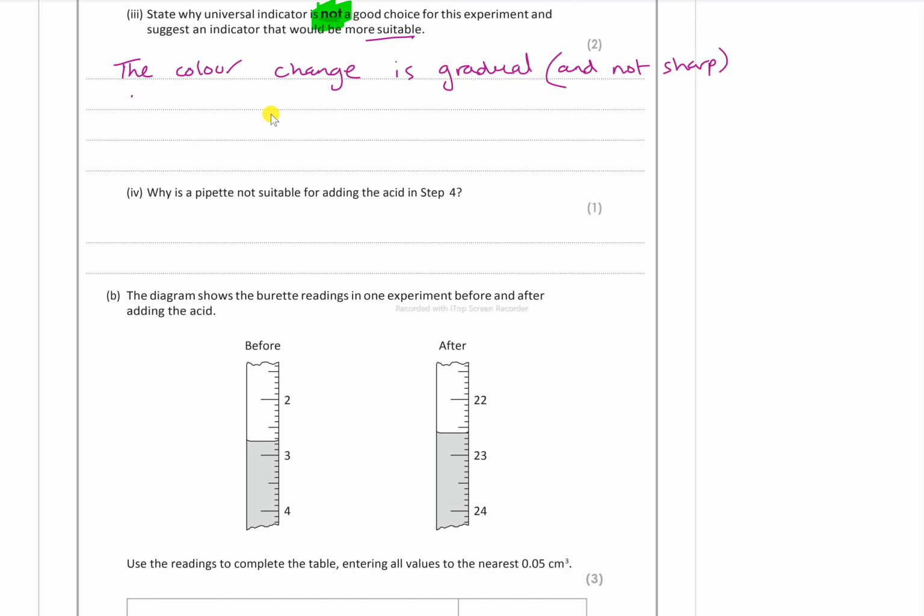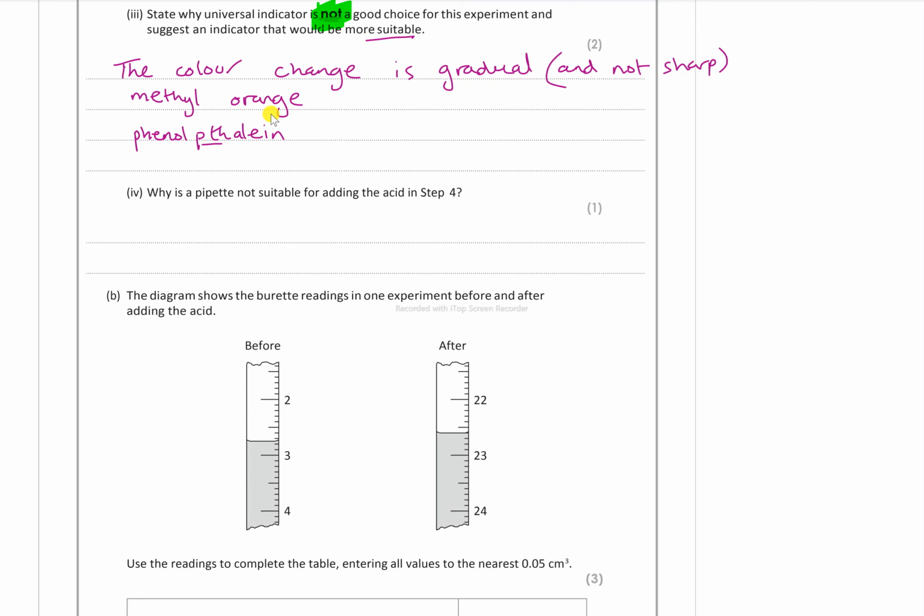You can say there's methyl orange or phenolphthalein.